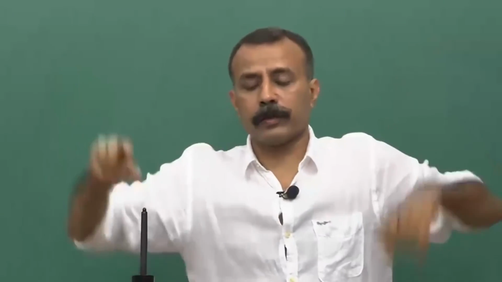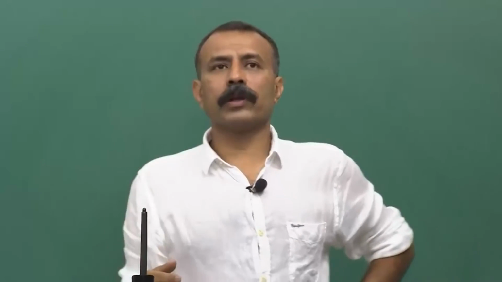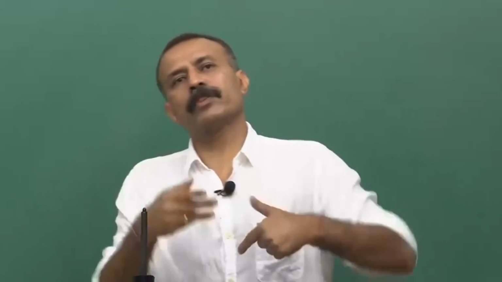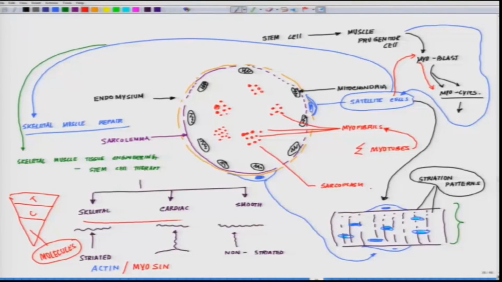Okay. But what is most important, maybe 50 years down the line, we will not teach it like that. We will teach the reverse way. The classification will not be this big broad classification.